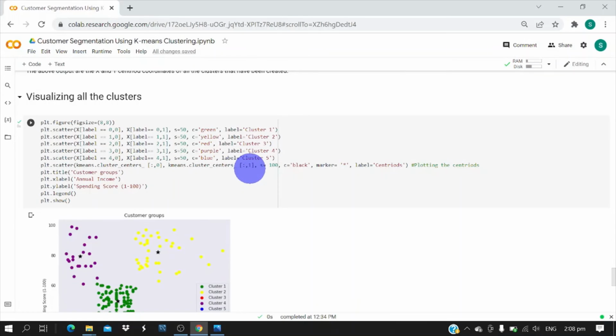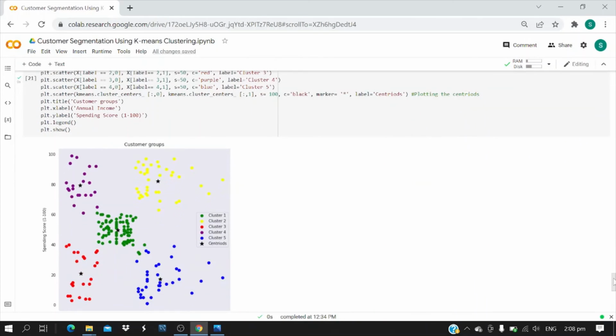This is the y axis values of the centroids. This here represents the size of the centroids. This C is the color of the centroid, and this is the marker that I use, which is the star. And then I put in these other details.